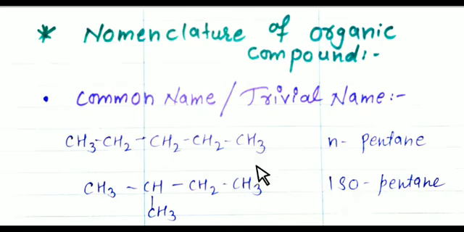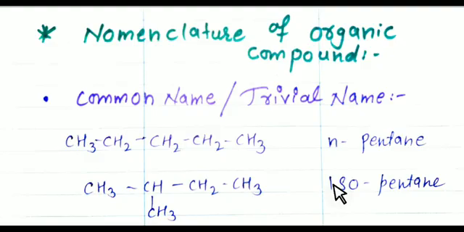No branch is there, longest chain, starting with n; branched chain is there, starting with iso. See here, both these compounds are pentane, means 5 carbons and 12 hydrogens are there. The molecular formula is the same, but one is the longest chain and another is the branched chain. So the name of the longest chain starts with n and the name of the branched chain starts with iso.